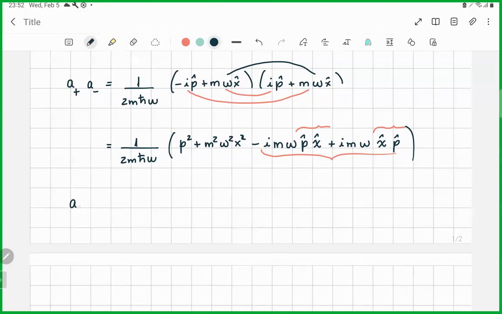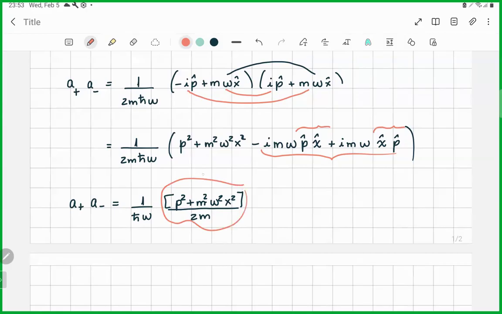We have A plus, A minus, very good, equal to. Then we have this 1 over h bar omega, and I'm going to write just as we had above for the Hamiltonian, p squared plus m squared omega squared x squared with that 2m. So I put it like this because this is exactly what we had above, our Hamiltonian. But as I said, this term here we should not cancel.